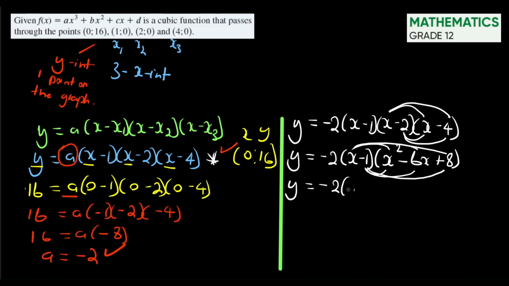Let's quickly do that. x by x squared, we're going to get x cubed. x by -6x, we're going to get -6x squared. x by 8 will give us 8x. -1 by x squared gives -x squared, -1 by -6x, we're going to get +6x, and -1 by 8 will get -8.